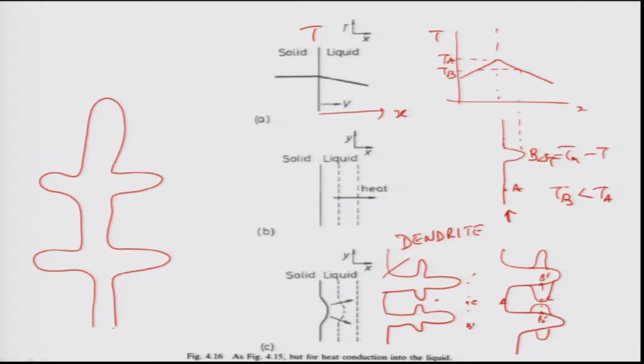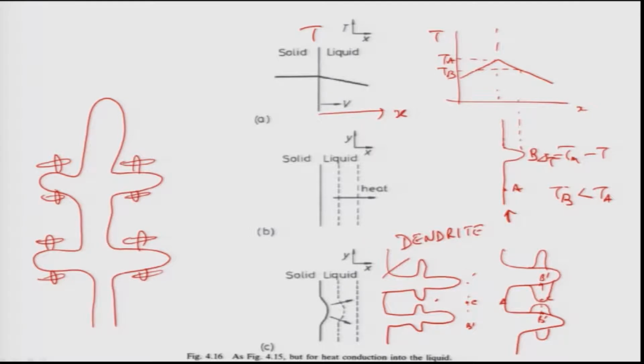This is a tree, right? It looks like a tree. You can create sub branches of the tree, or even further sub branches like this, in the same way as I discussed just now. And this is what is known as a typical dendrite in a solid when the liquid transforms to a solid.